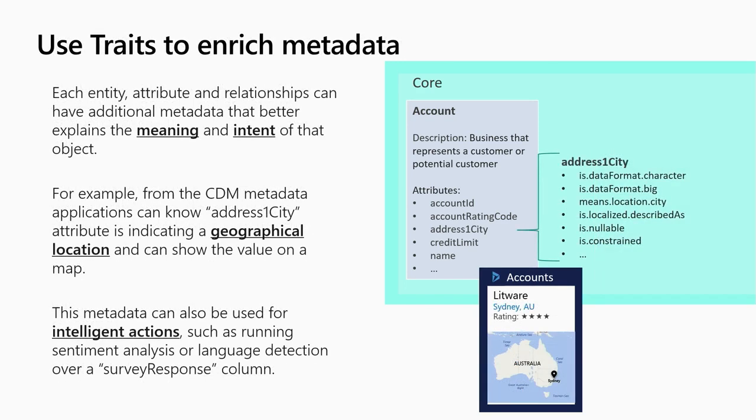So you effectively see the address city means location city in the address one city. That's the illustration of the power of the CDM. So it's not just address one city or address city. It means the location of the city.